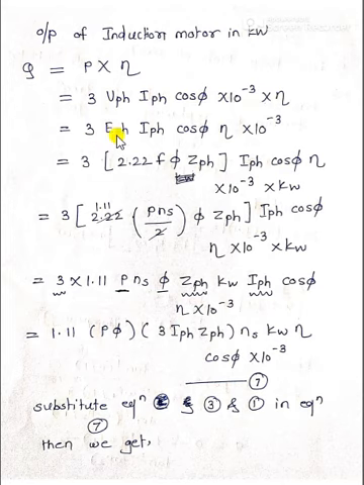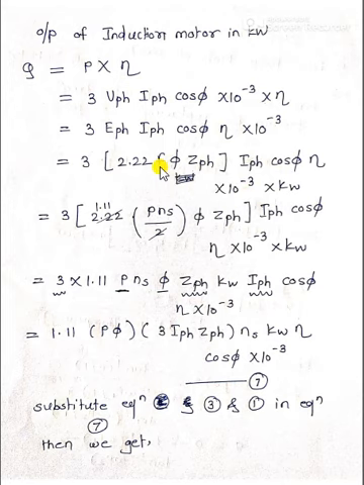So 3 times E phase I phase cos phi efficiency into 10 raised to minus 3. Then this E phase, from equation 3, we can write 2.22 f phi Z phase kW. Then I phase as it is, cos phi efficiency into 10 raised to minus 3.